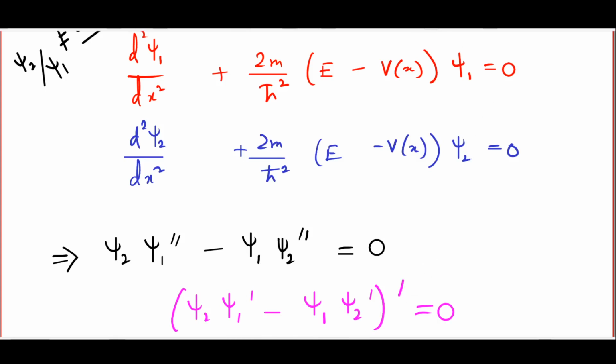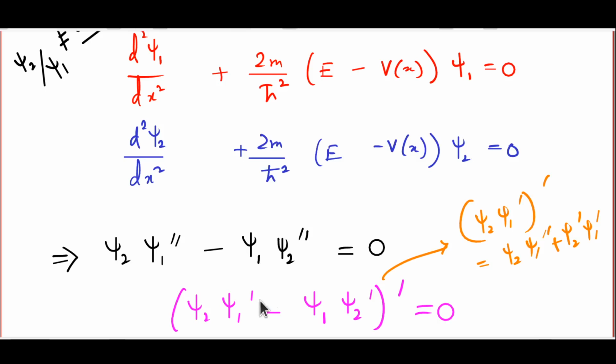Just to show you how this goes, psi2 psi1 prime's derivative is psi2 psi1 double prime plus an additional term which is not there on the left hand side here, which is psi2 prime psi1 prime. But by taking a derivative of psi1 psi2 prime, you are again going to get exactly this term which will cancel out, and you are going to be left with this term which is there already on the left hand side.